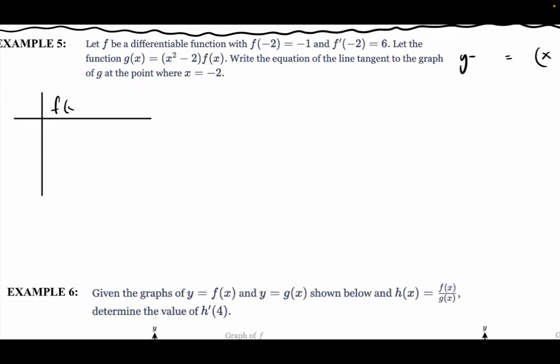So f of x, when x is negative 2, the answer is negative 1. F prime of negative 2, so f prime of x at negative 2, is positive 6.